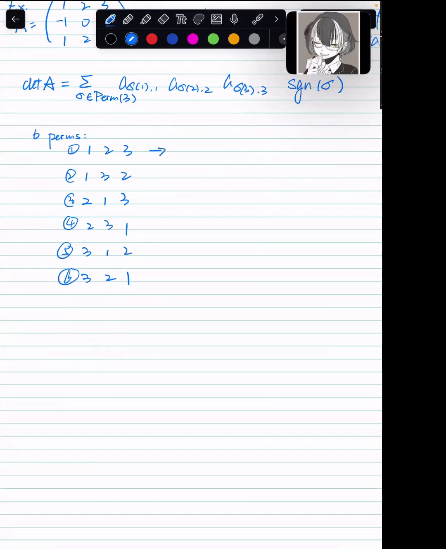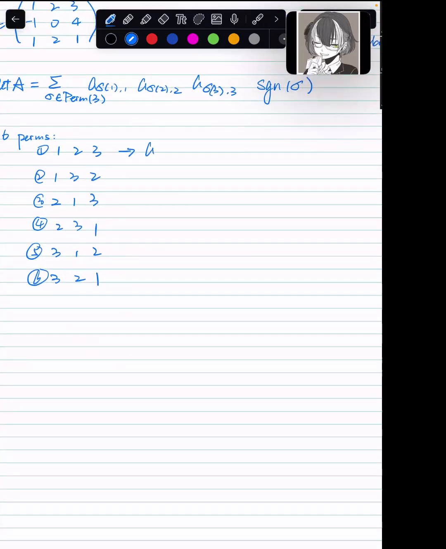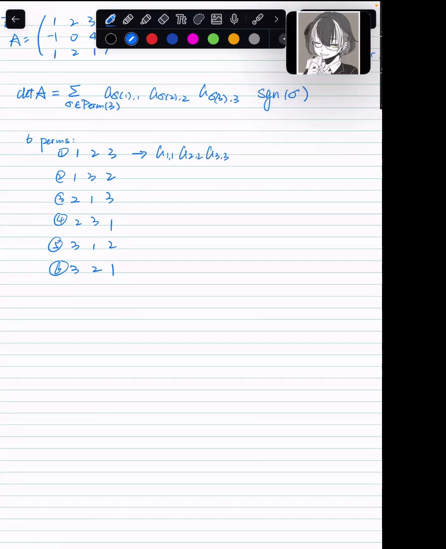Right, now we have 1, 2, 3. So basically that means the first one is A11. The second factor is A22. Third is A33. And we have the sign sigma. And in this case, since we do not have any inversions, that will be multiplied by negative 1 raised to the 0th power.